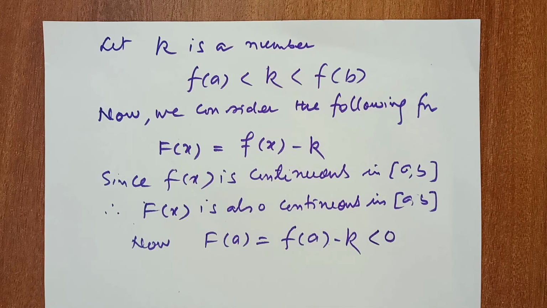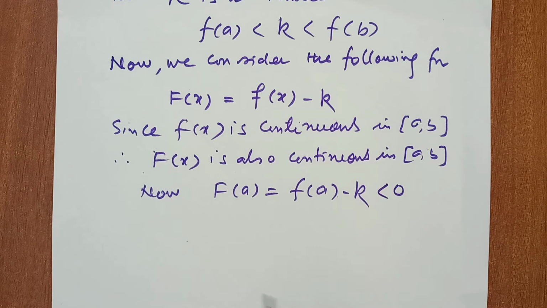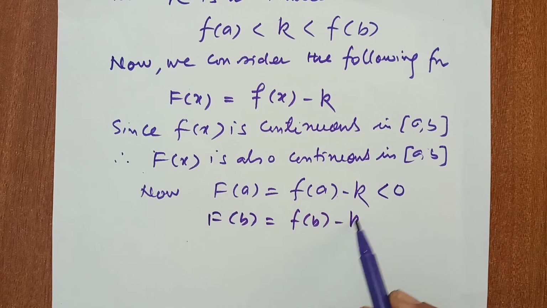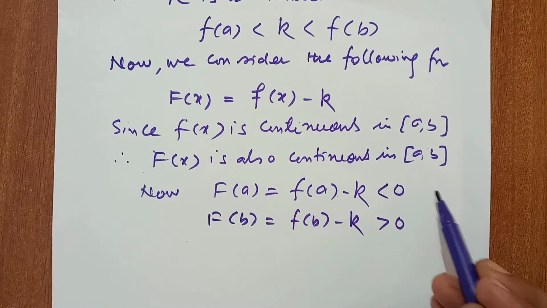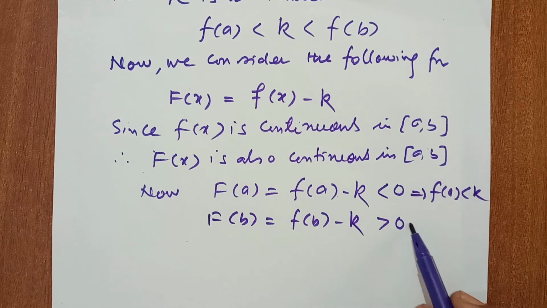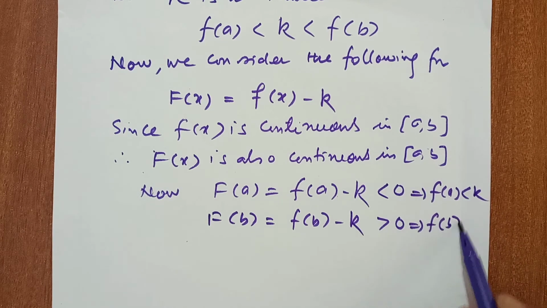And similarly, F(b) is equal to f(b) minus k, and this is greater than 0. It means f(a) is less than k and f(b) is greater than k.